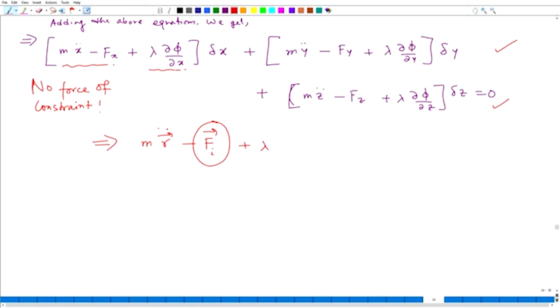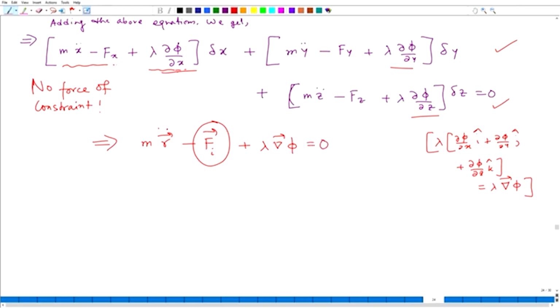So, del phi del x you can take component wise; these things actually come from this vector lambda times del phi del x i cap plus del phi del y j cap plus del phi del z k cap, which is nothing but equal to lambda gradient of phi. So, I can write lambda gradient of phi is equal to 0. This is known as the Lagrange's equation of first kind.